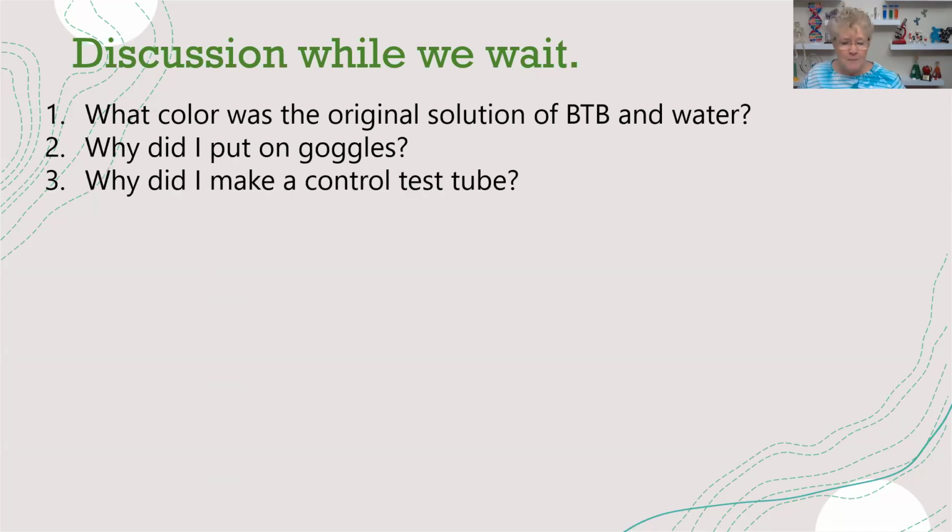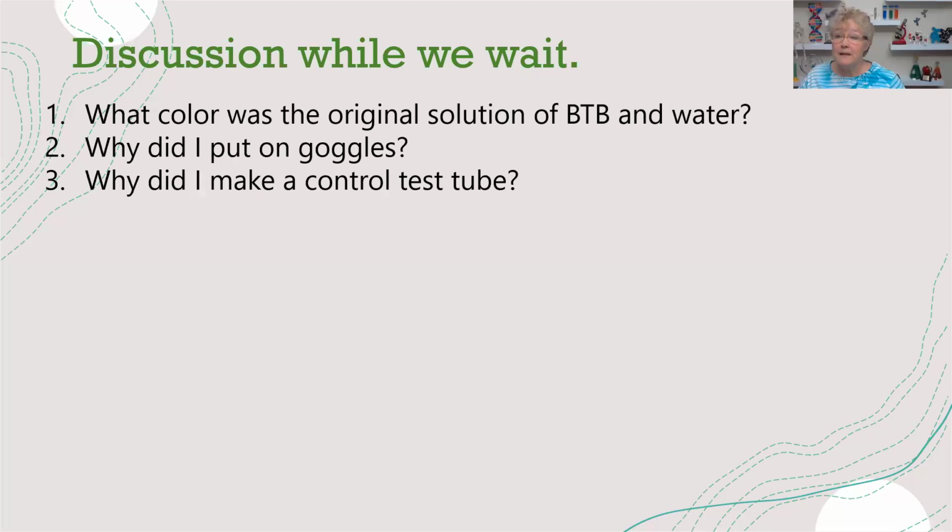All right. Why did I make that control test tube? The one that I didn't put a plant in. What was the point of that? To see the reaction without a plant.